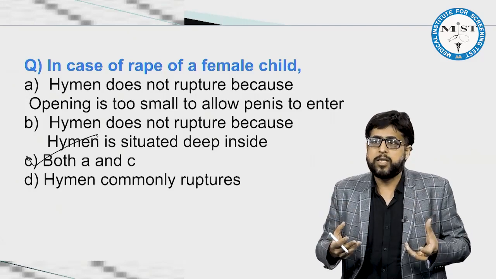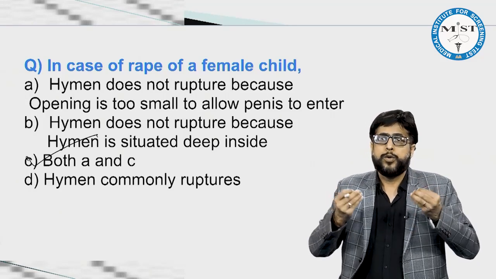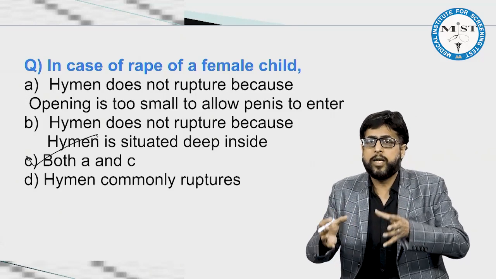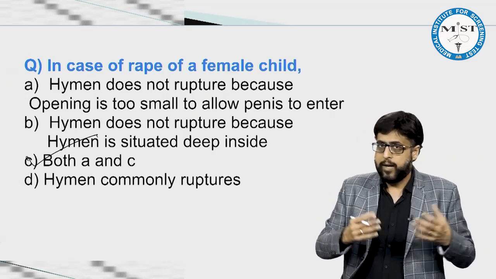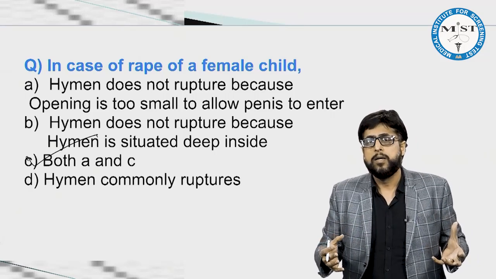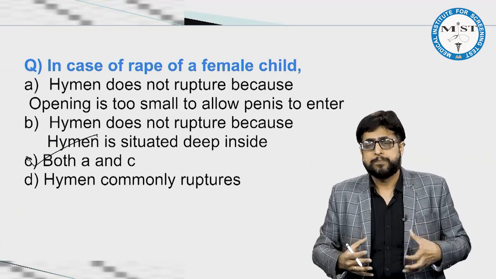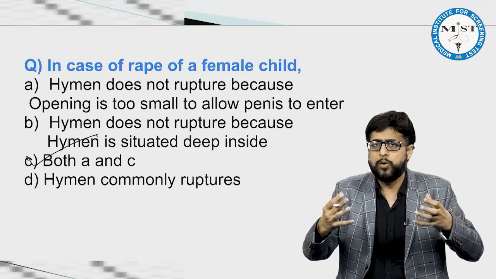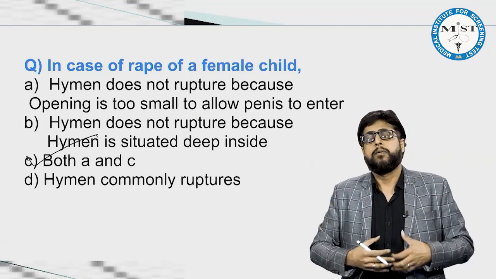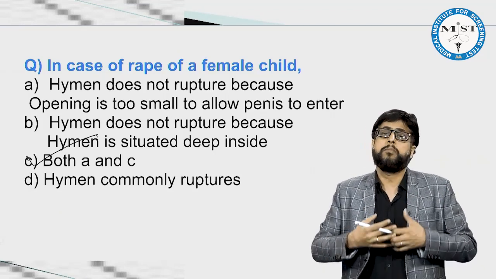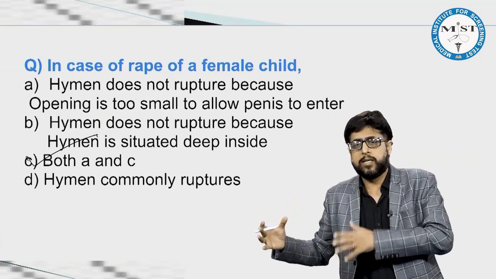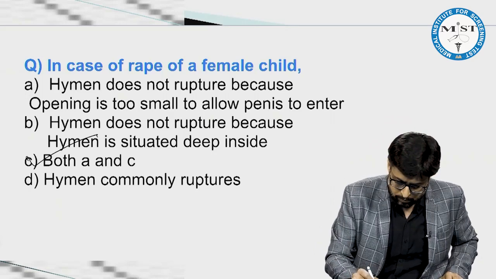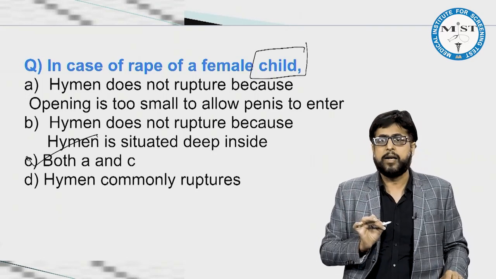In rare scenarios, obviously anything can happen. Suppose the person is very brutal, he applies a lot of force, then hymen can certainly get ruptured, and severe perineal injuries can also occur, but those occur in rare circumstances. So, here the keyword was child.